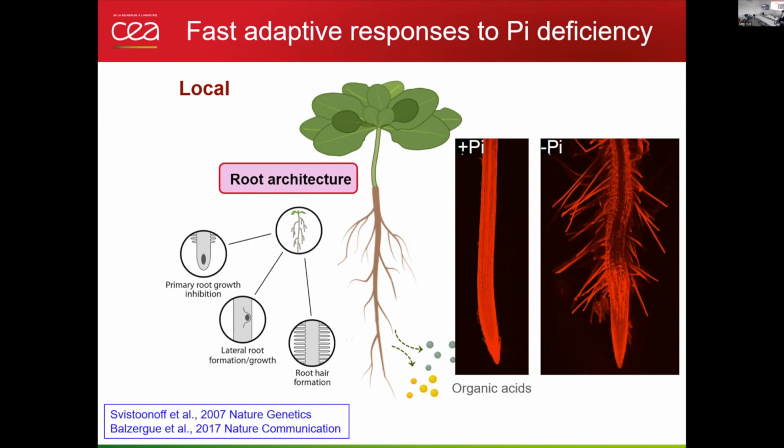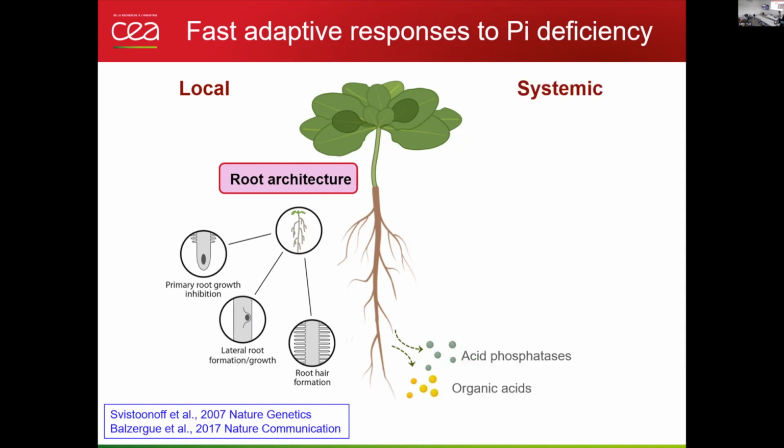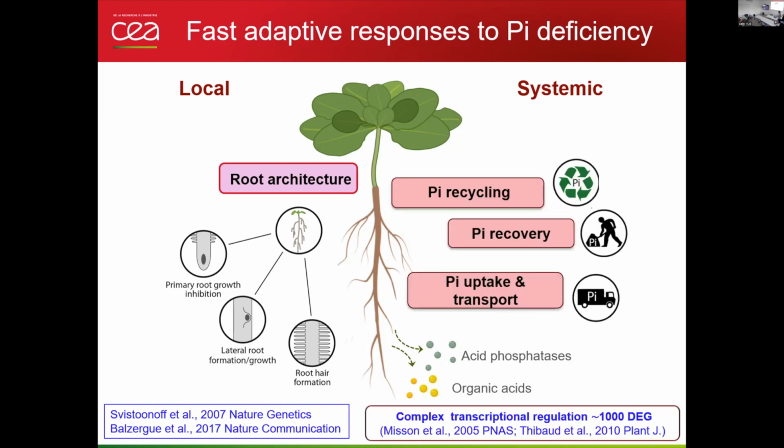So you can see the aspect of a root growing in rich media compared to poor media, which are pretty different. The second kind of response is called systemic because if you provide the phosphate, it will move very efficiently into the plants and trigger the answer all over the plants. And this will modify a lot of responses, mostly at the transcriptional level.